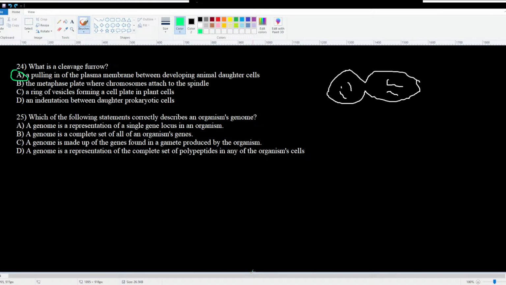An organism's genome is going to be a complete set of all of an organism's genes. I don't really have a good way of remembering this. Honestly, it confuses me a little bit too.